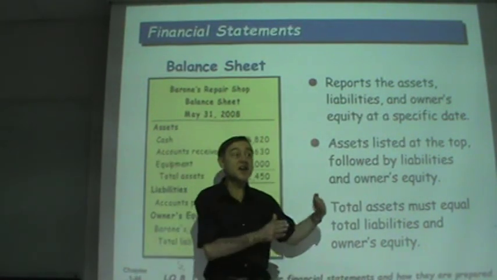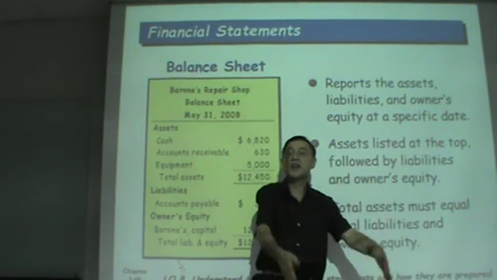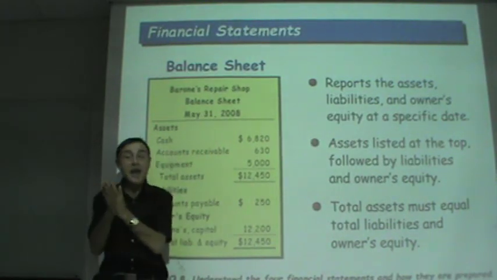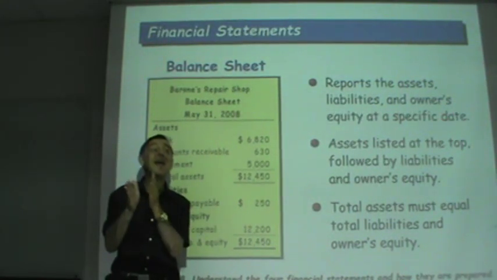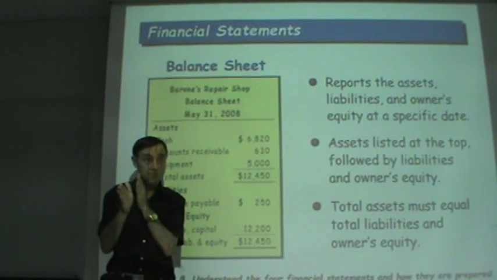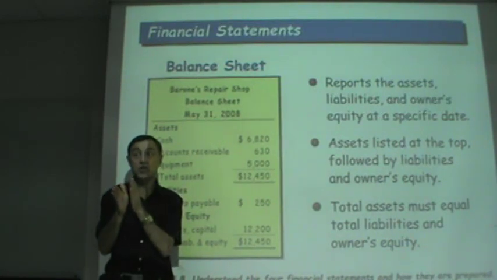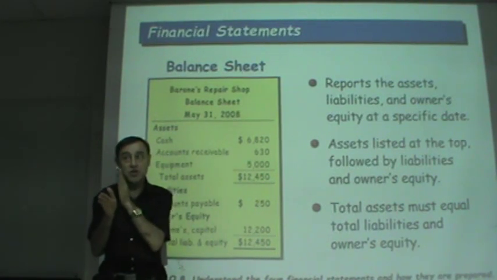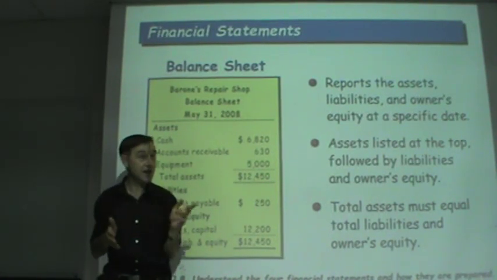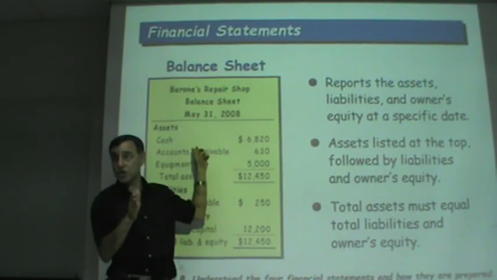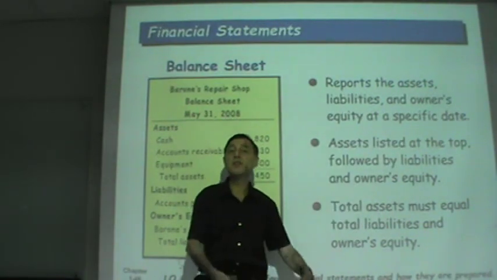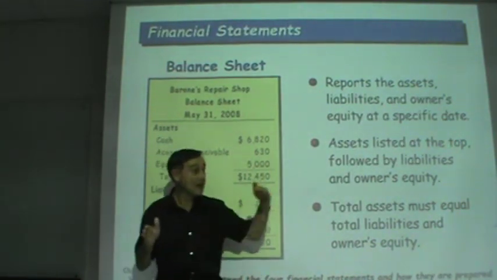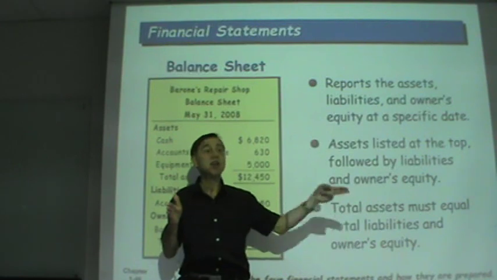So you can have an income statement for January, an income statement for February, and then have a balance sheet for the end of the month, like March 31st. January, February, March, and then on March 31st, you get the balance sheet. Or you can have for 3 months the income statement.